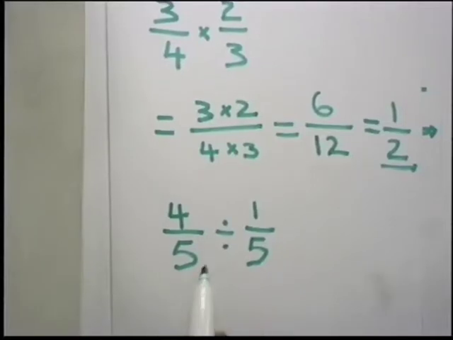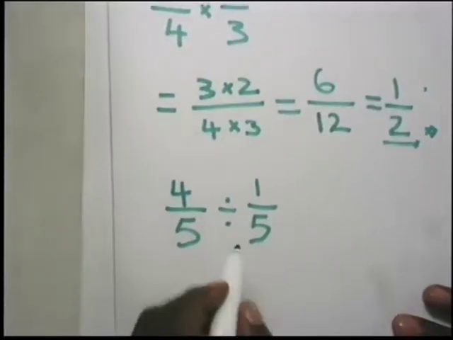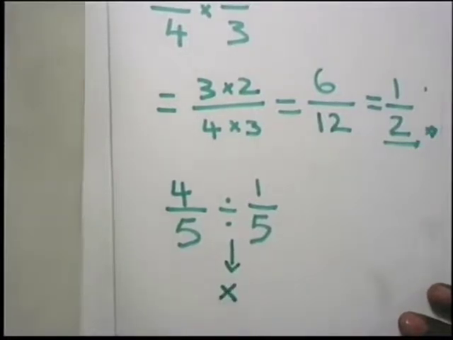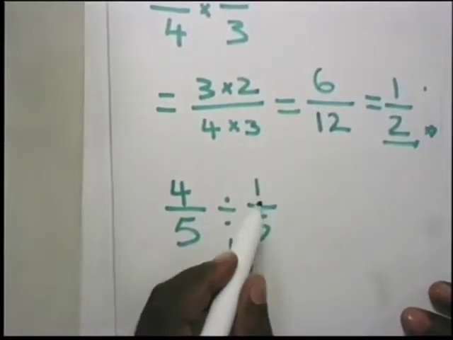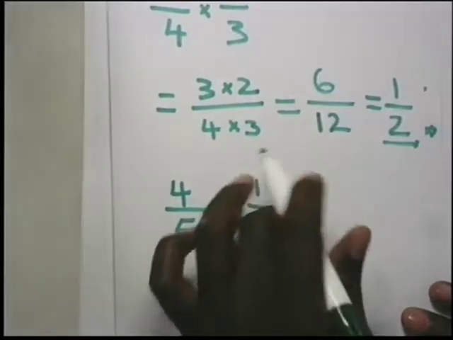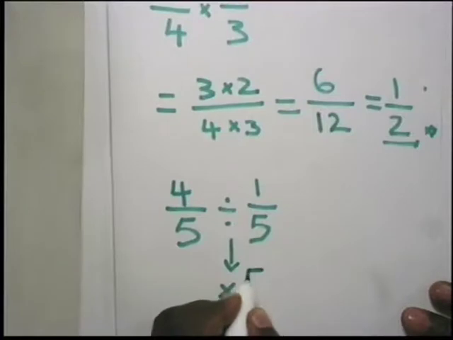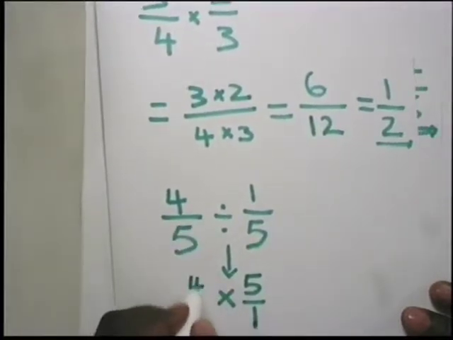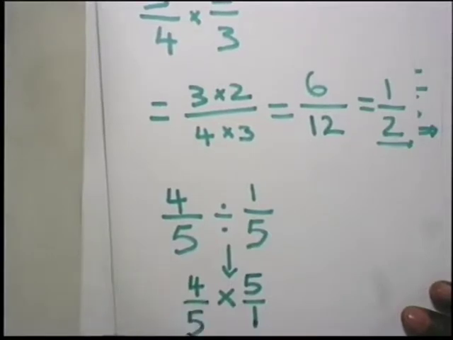When we are dividing fractions, we do not have to have same denominators. What we do is the division sign is turned into a multiplication sign, and for the second fraction we write down the reciprocal, meaning we turn the fraction upside down. It will be 5 over 1. The first fraction remains the same, which was 4 over 5.